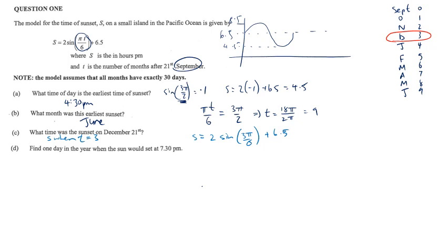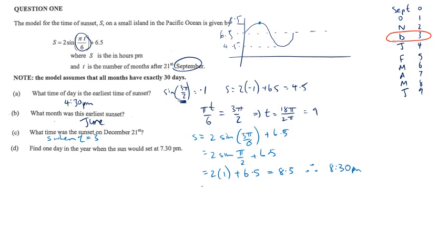Now 3 pi over 6 is the same as pi over 2, so that's 2 sine pi over 2 plus 6.5. Now I know sine of pi over 2 is 1, so that's 2 times 1 plus 6.5, which is 8.5, so therefore it's 8:30 p.m.